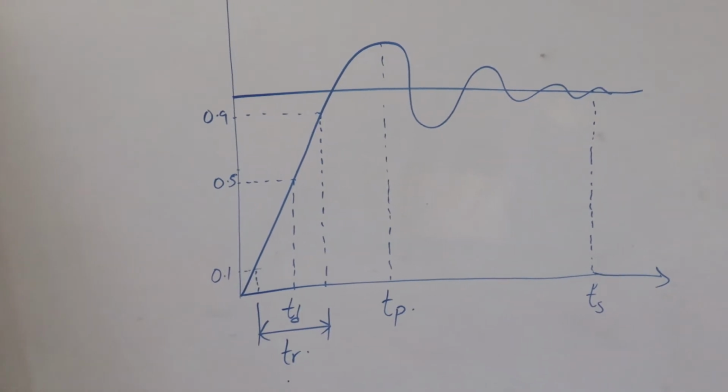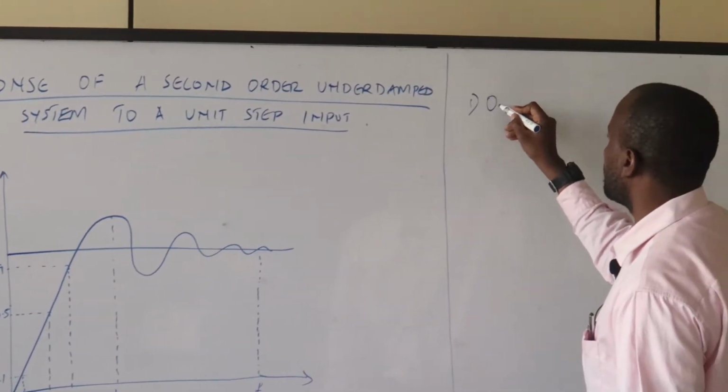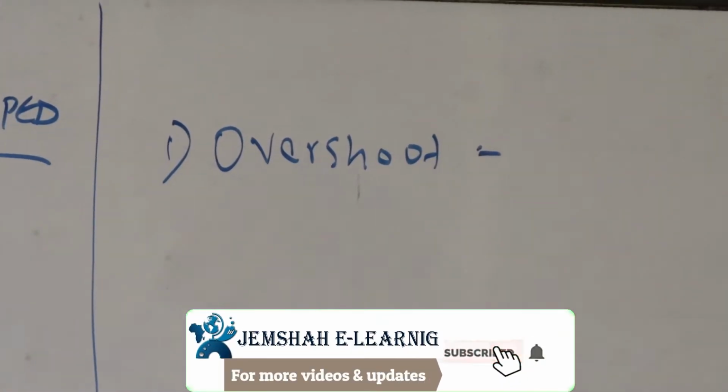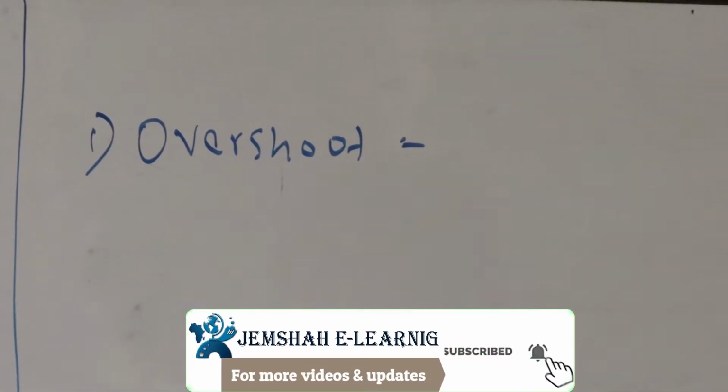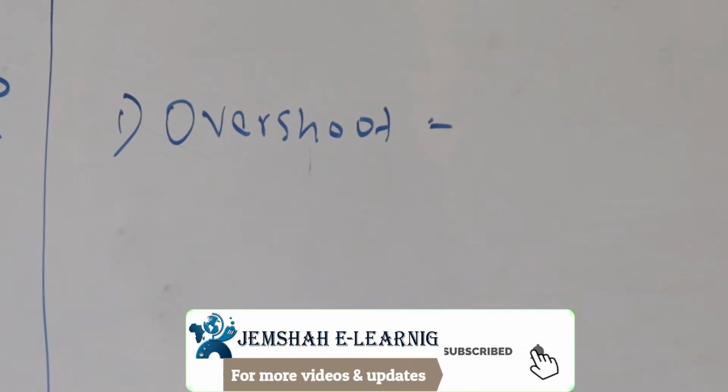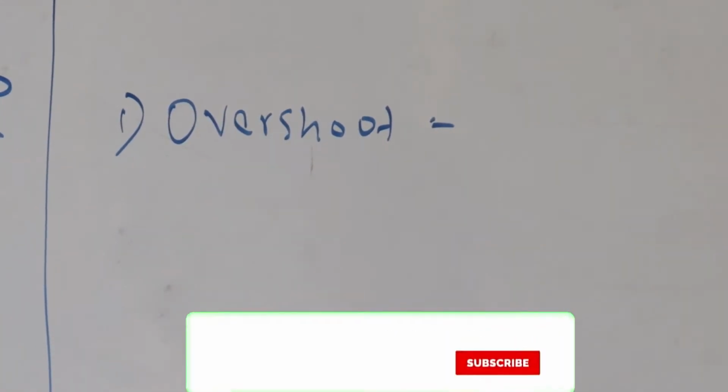The first definition that we need to know is what we call the overshoot. When you talk about the overshoot, this is the maximum difference between the transient and steady state response for a unit step input.